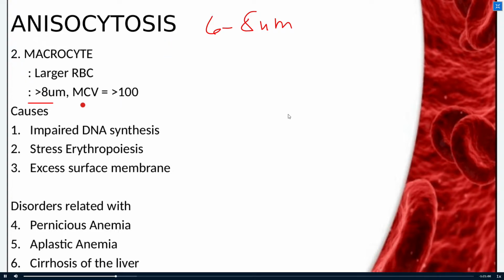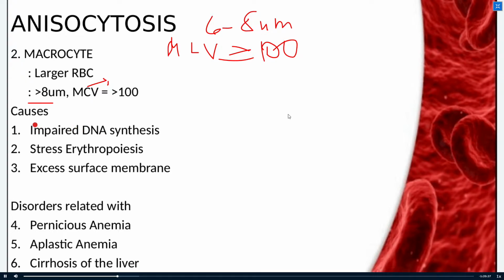It also has an MCV, mean cell volume, greater than 100. Just remember, class, your MCV refers to your cell volume, meaning the size.